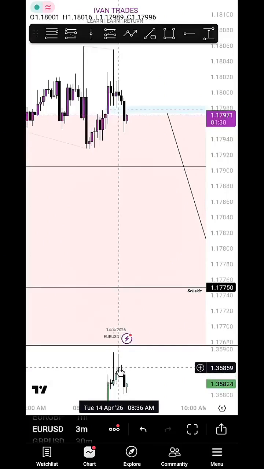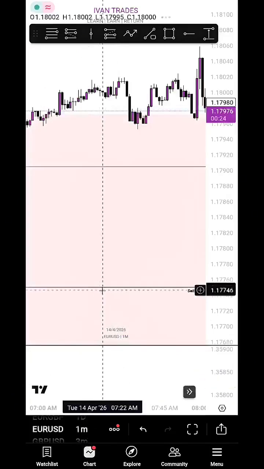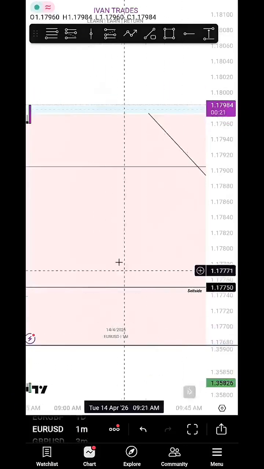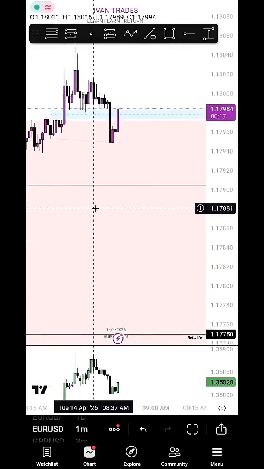GBPUSD on the other hand did form the second high right here, which is pretty significant, but it was formed at 8:36.